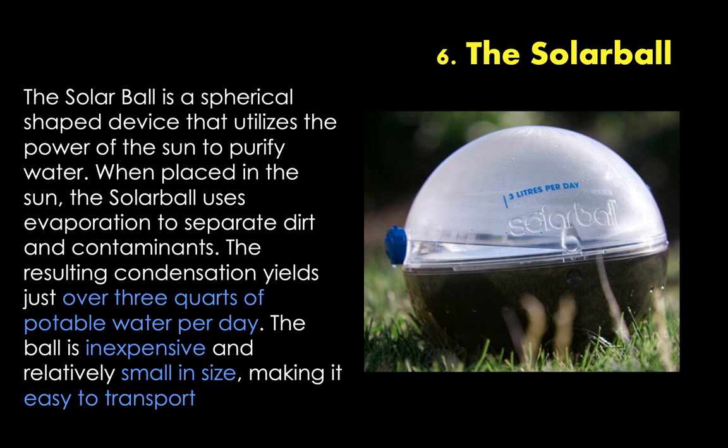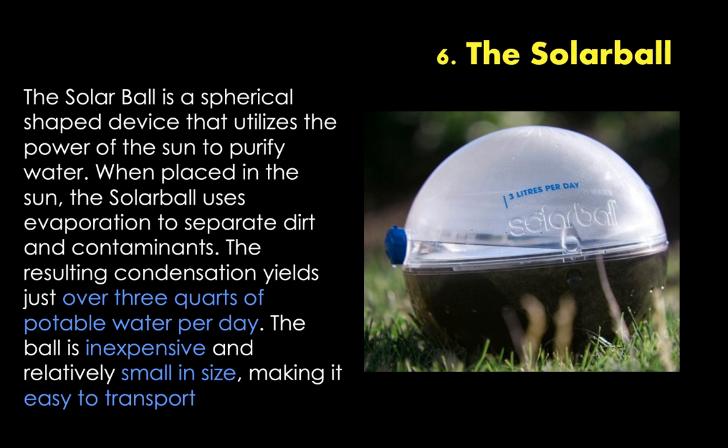Six, the solar ball. I think that this one is so cool. And basically, it's harnessing the power of the sun to purify the water. So what you do is you put your dirty water in the bottom, and then the solar ball heats up because of the sun, and your clean water is going to evaporate into the top part, and then your sediment and your particulate matter will stay in the bottom.